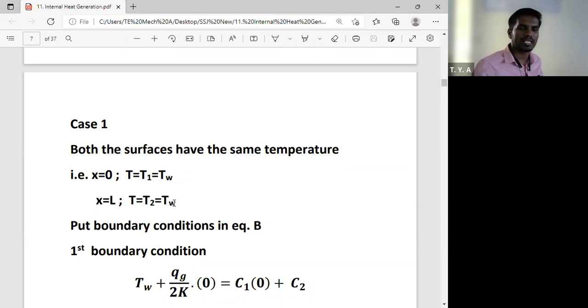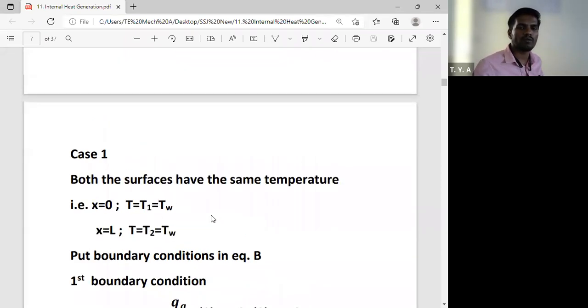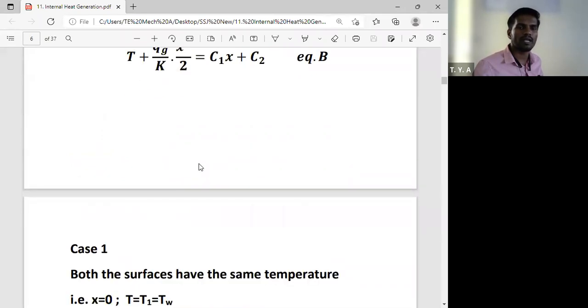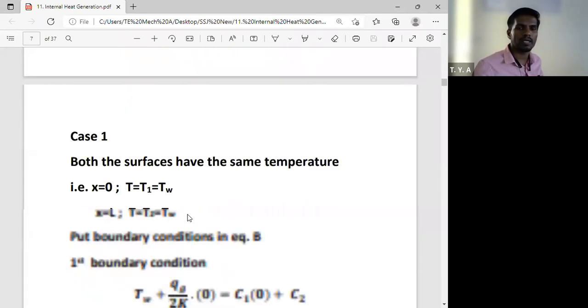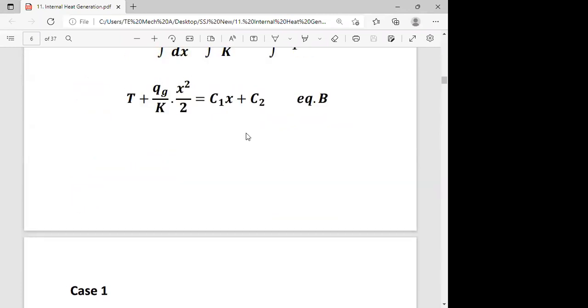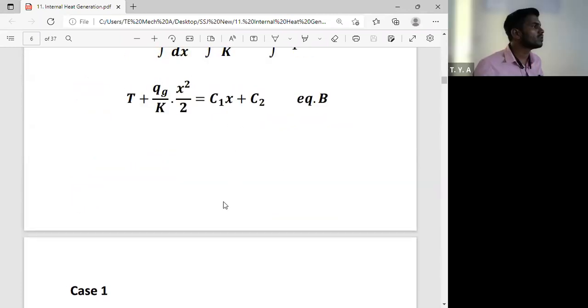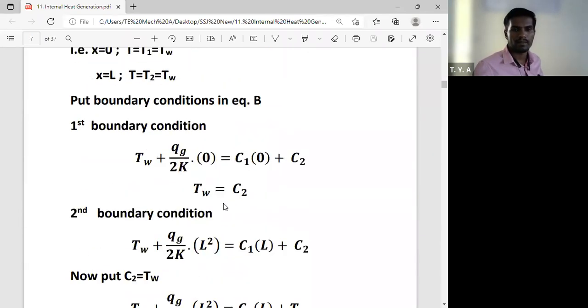By using the first boundary condition, in the equation, what comes in place of T? TW. And in place of x? 0. So this term becomes 0, and C2 is equal to TW. At x is equal to 0, T is equal to TW, and at x is equal to L also T is equal to TW, because the condition we considered is that both the surfaces have the same temperature. So whether x is equal to 0 or x is equal to L, T becomes TW. So putting in those values, we get the value of C2 is equal to TW.